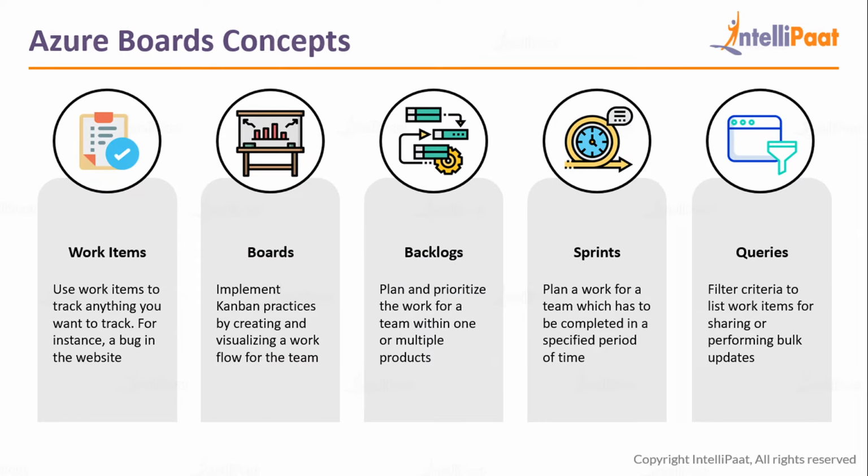These are the most important components in Azure Boards. Work items can be anything: a bug, an issue, anything. These work items will be displayed on the board. The board is where you can create and visualize a team's workflow. Backlogs are where you can plan and prioritize one or multiple projects, and also one or multiple work items at the same time.